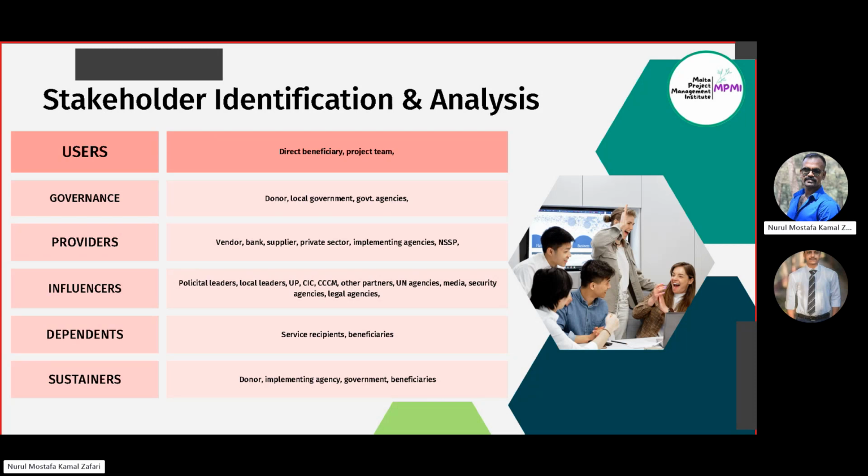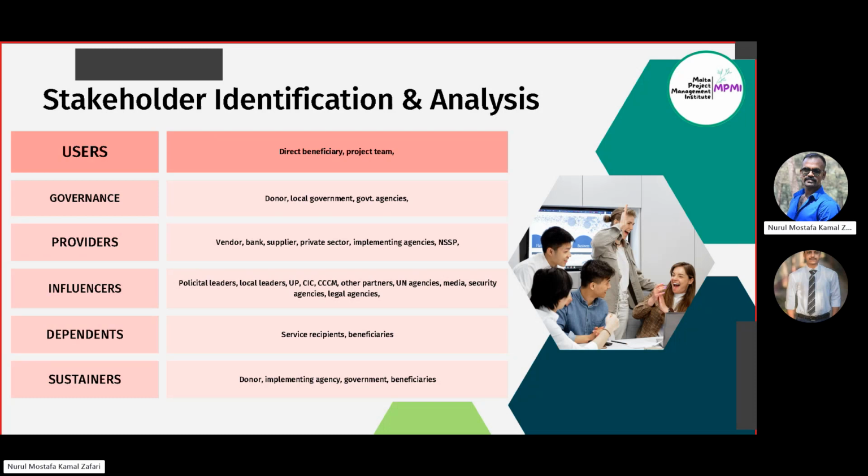They can be vendors, banks, suppliers, private sector, implementing agencies, and NGOs. Influencers: political leaders, local leaders, Union Parishad or local elected body, campaign groups, other partners, actors, UN agencies, media, security agencies, legal agencies.